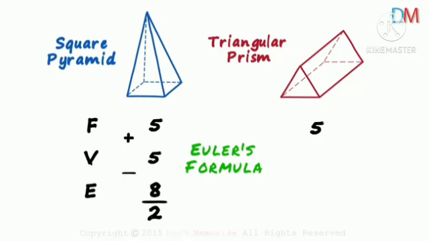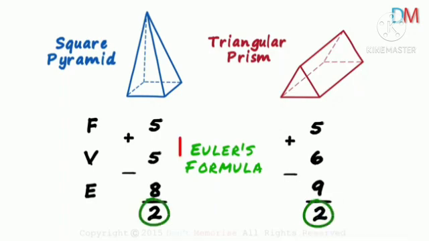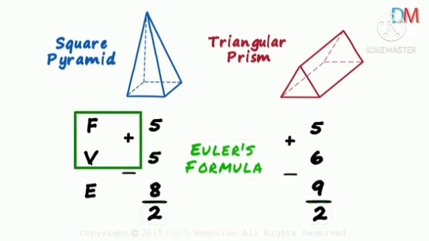How many vertices? 3 at this end and 3 at the other, 6 vertices. 3 edges at the front face, 3 in between and 3 at the back face. 9 edges in all. What will be 5 plus 6 minus 9? Yes, we get a 2. We will always get a 2. That's Euler's formula. F plus V minus E will always give us a 2.